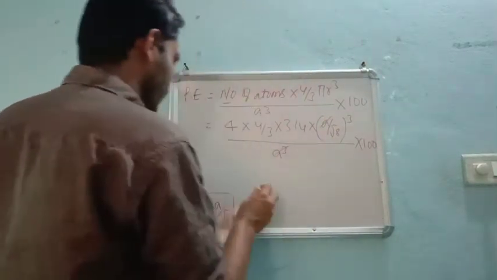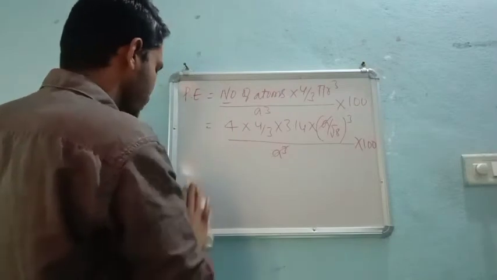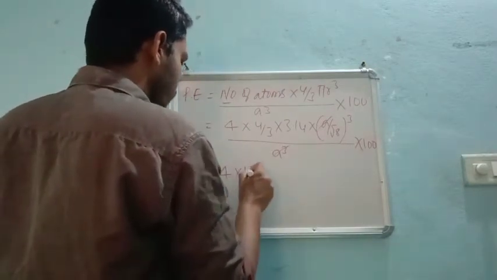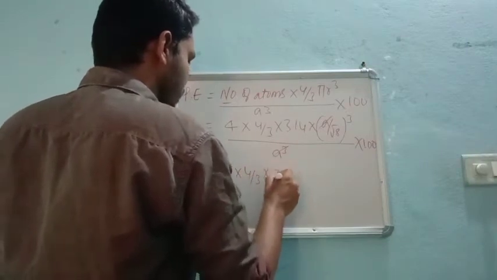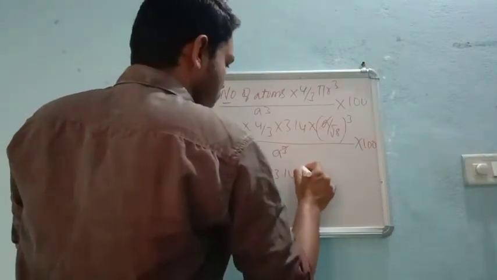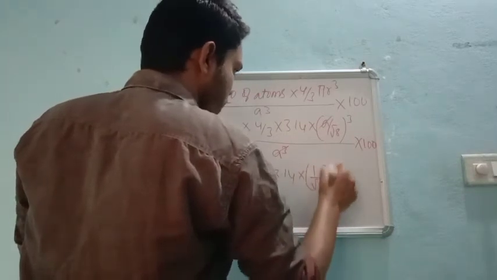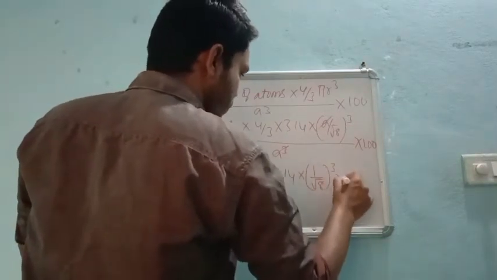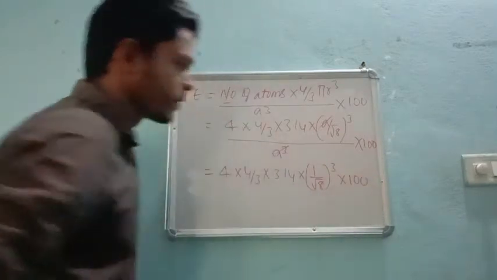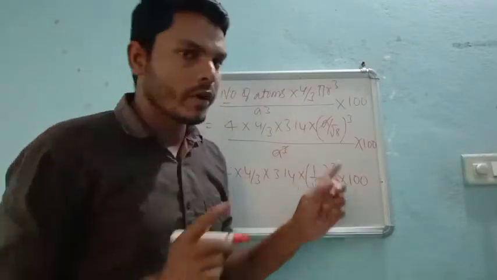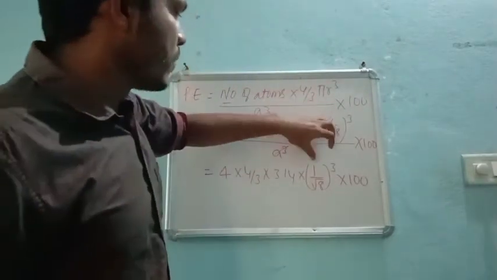So now our equation is very simple. So now 4 into 4 by 3 into 3.14 into 1 by root 8, right? Root 8, what is there on that? Cube. So we put that cube as it is. So now what you need to do is you take first root 8 value, then you divide 1 by that value.